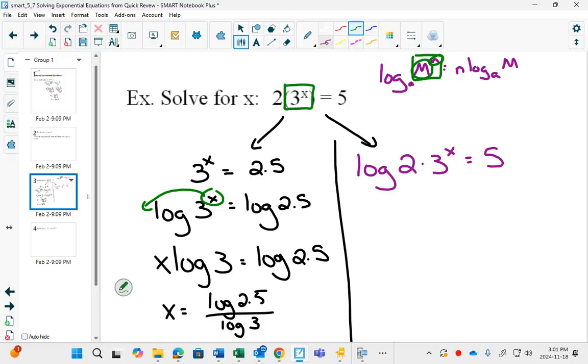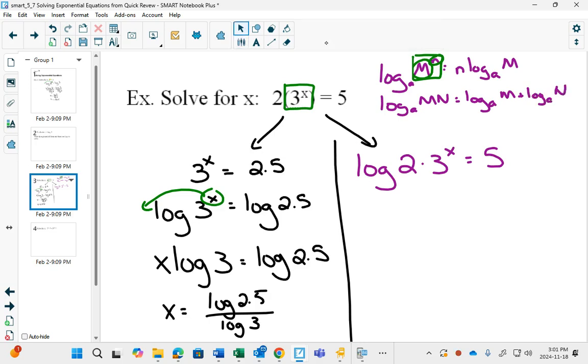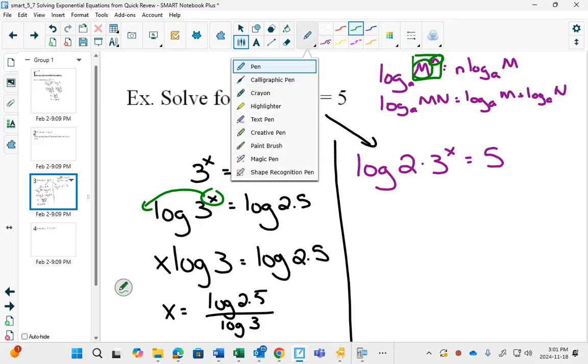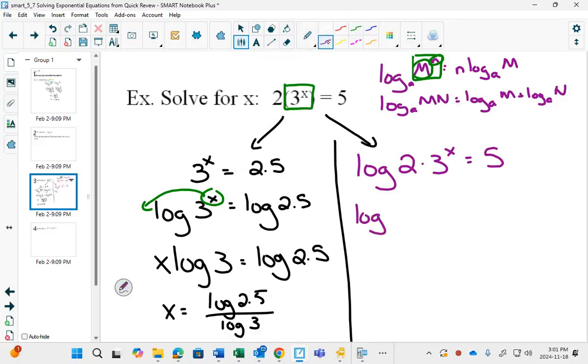So we actually have to use this log law of multiplying first, because we have a multiplying there. So multiplying says I can add the exponents. Oops.